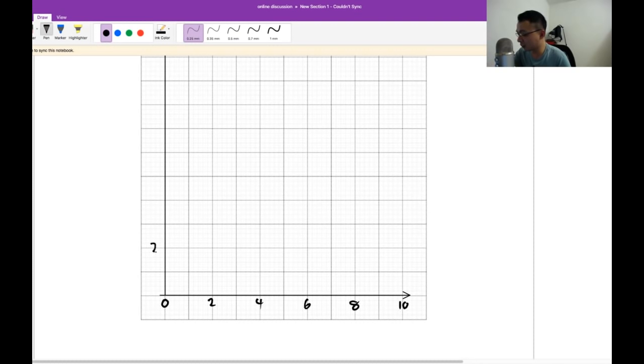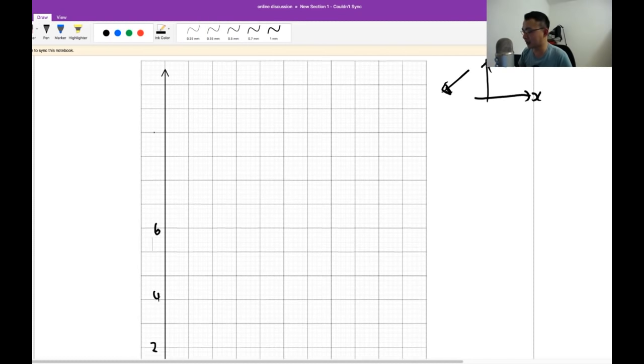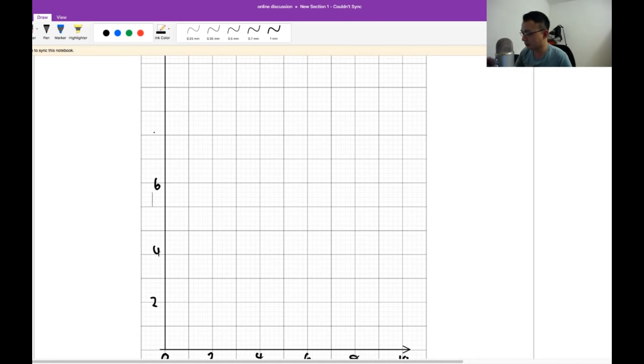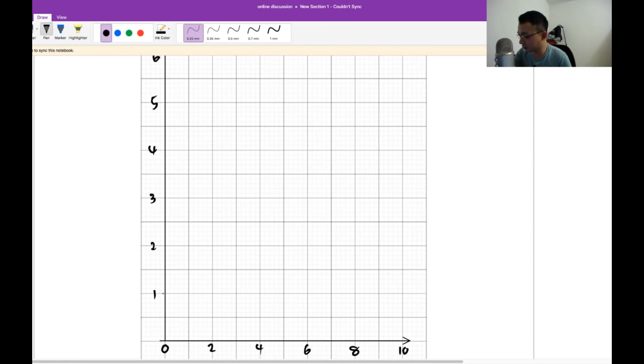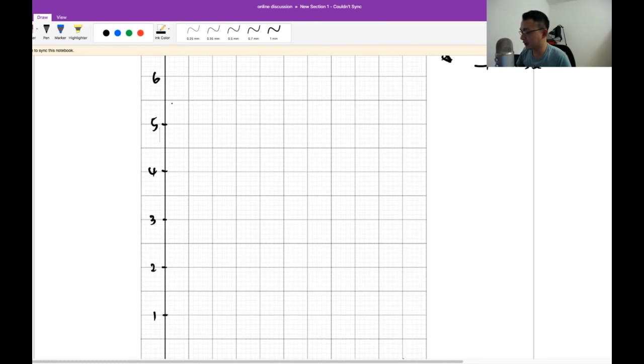Supposedly in the exam I will fully utilize this paper, so maybe I make it slightly bigger: 1, 2, 3, 4, 5, and 6.